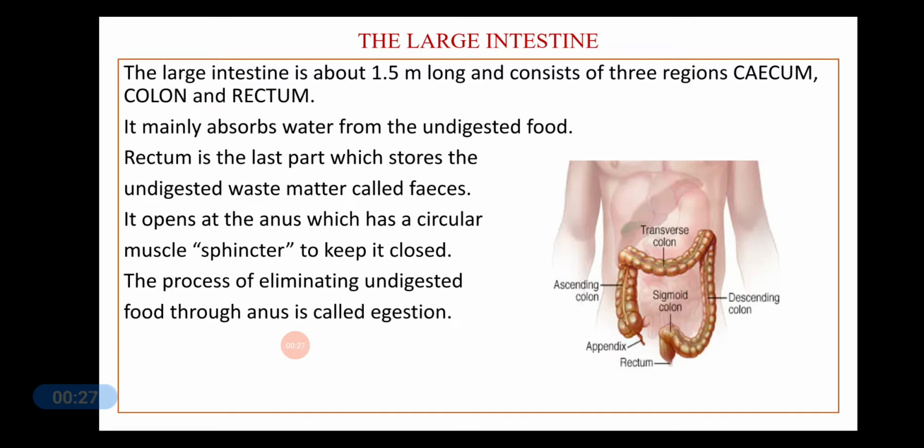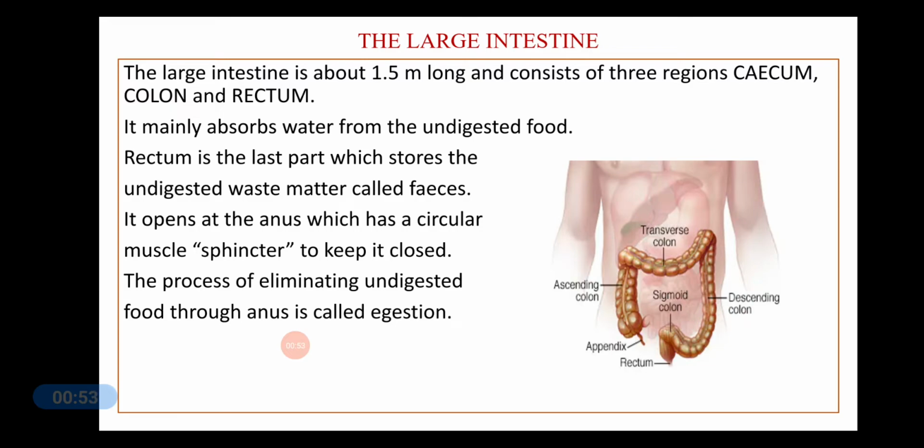The large intestine is about 1.5 meters long and consists of three regions: the cecum, the colon and the rectum. The main function of the large intestine is to absorb water from the undigested food. The large intestine does not secrete any enzymes.